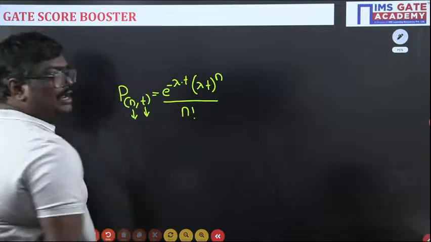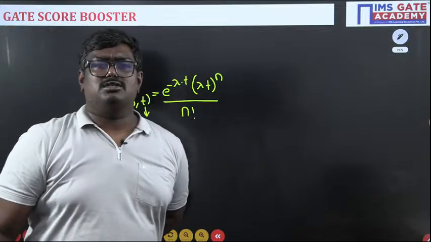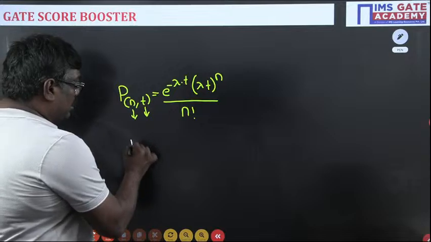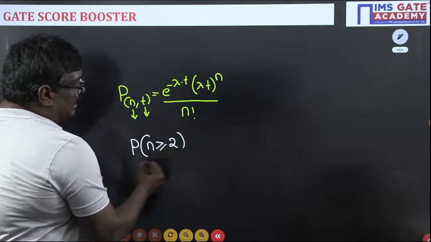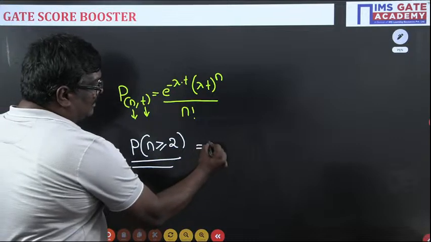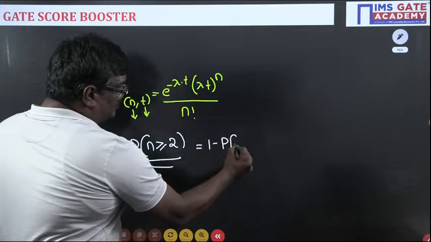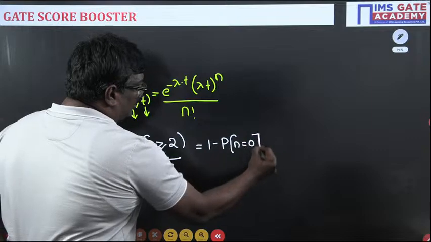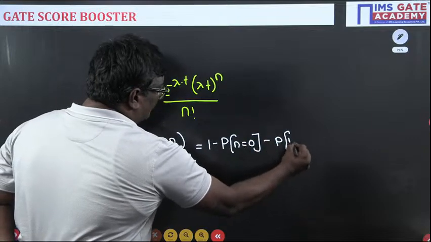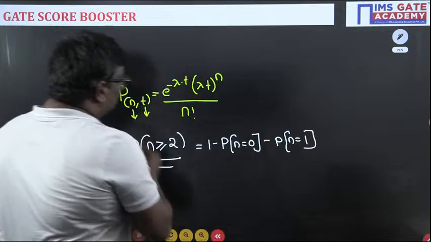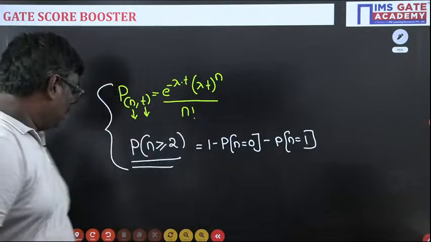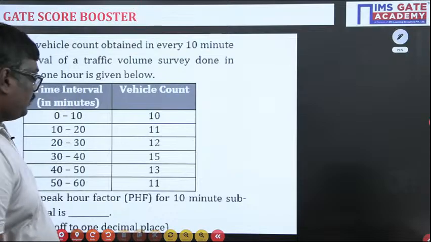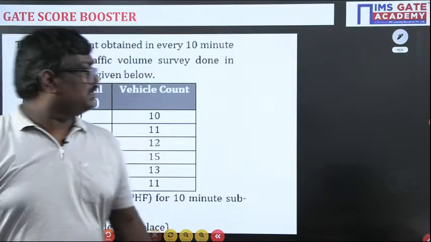Here is the probability concept: if they ask for at least 2, that means P of n greater than or equal to 2. This can be written as 1 minus P of n equal to 0 minus P of n equal to 1. Time will be constant everywhere. So by applying these two formulas, you can solve the problem. Now please solve this problem, students.